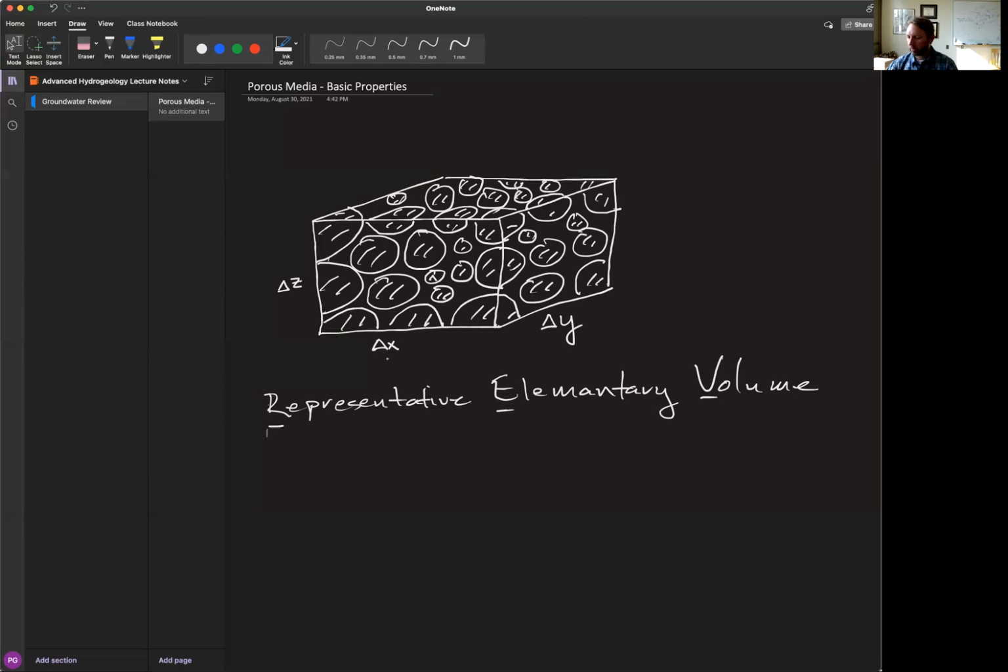So this is our representative elementary volume of porous media, and it is composed of sediment grains. In between the sediment grains, we have pore space or pores, all right? Thus the porous media.